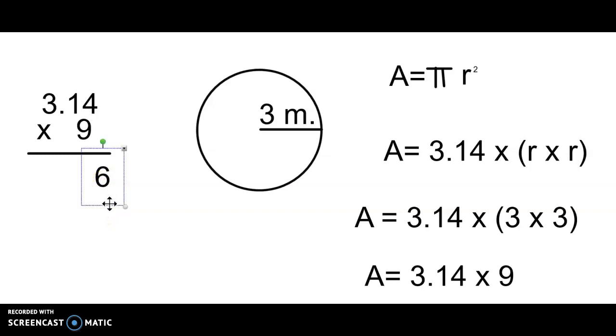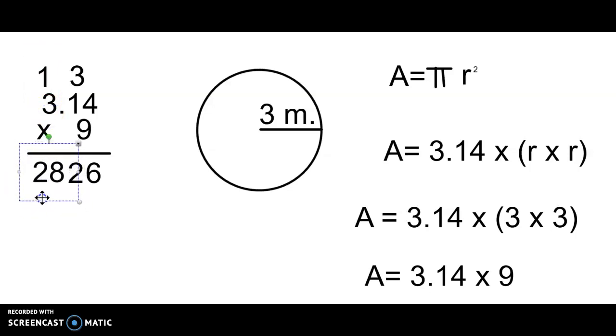And in my head, I can go ahead and carry the 3. 9 times 1 is 9, plus 3 more is 12. So I put my 2, carry the 1. 9 times 3 is 27, plus 1 more is 28.